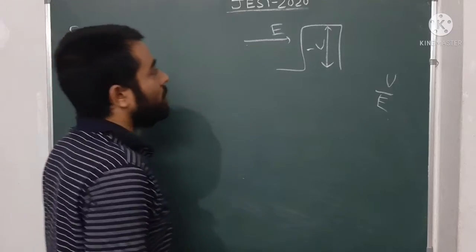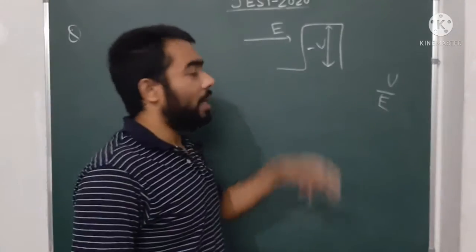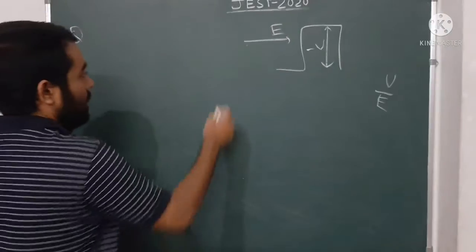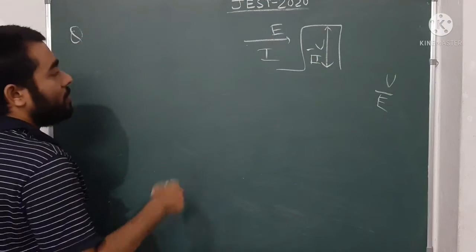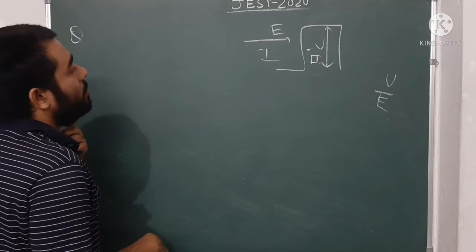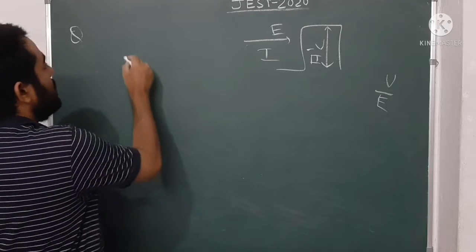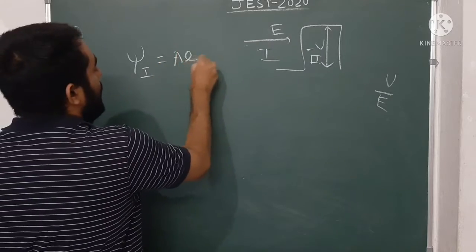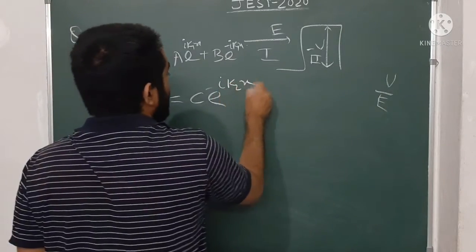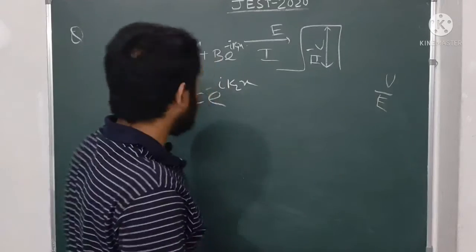You will solve many problems like this, where this is region 1 and this is region 2. The wave function for region 1 is a e to the power i k1 x, and for region 2 is e to the power i k2 x.